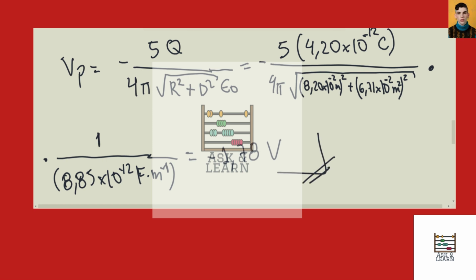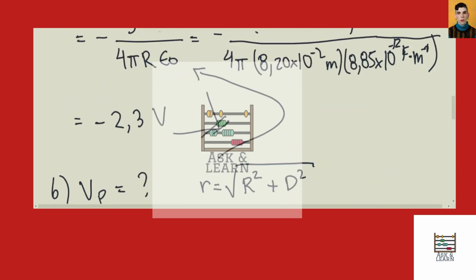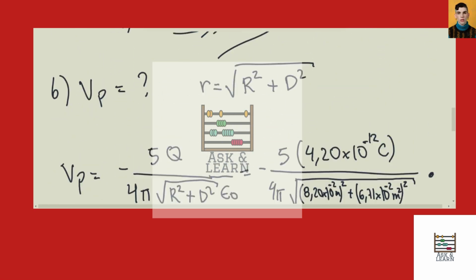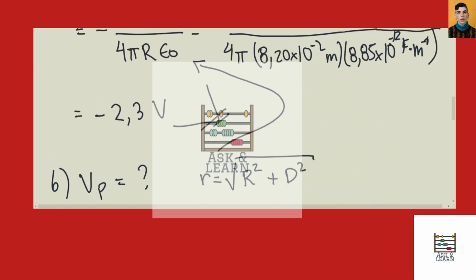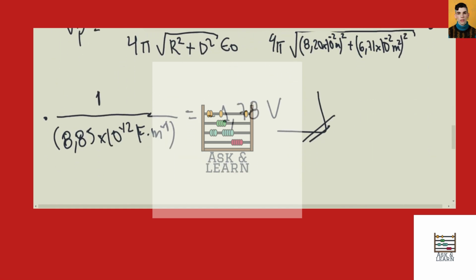And this is the electric potential at the point P. We can see that this result is correct because the value is less in magnitude than the one we obtained before. And it should be, because we are farther away from the uniformly charged circle, so it should be less. This is it for this problem. Thank you.